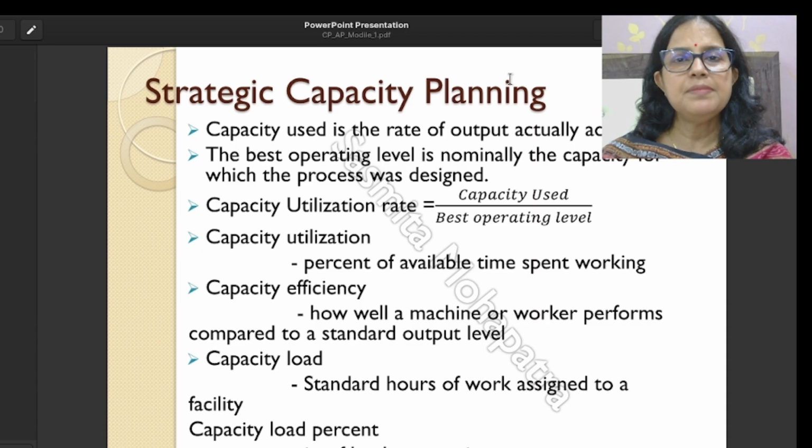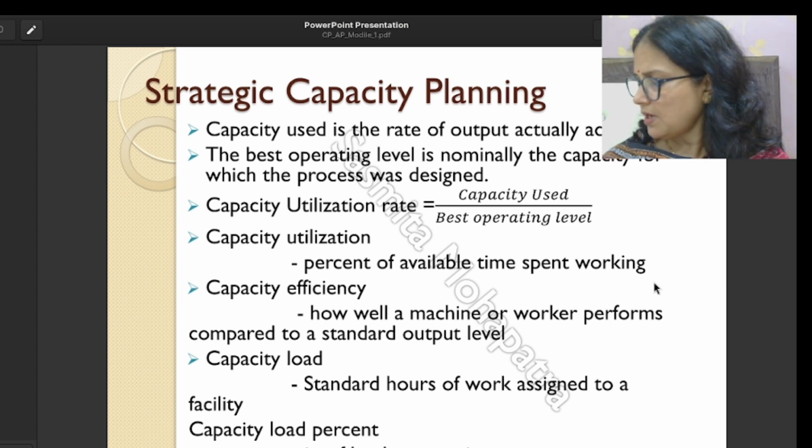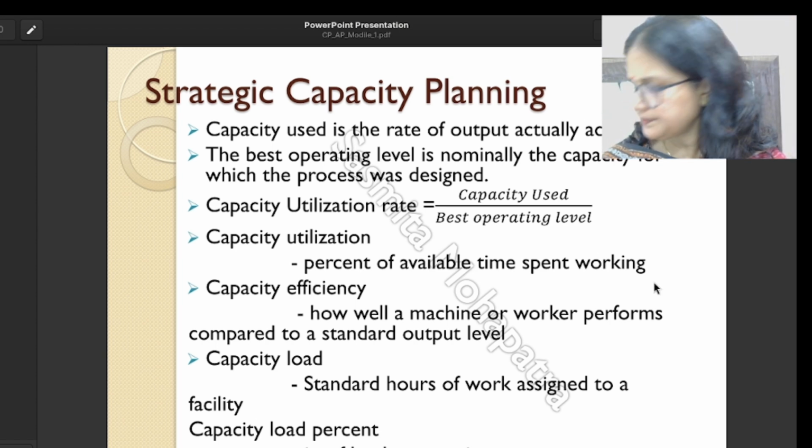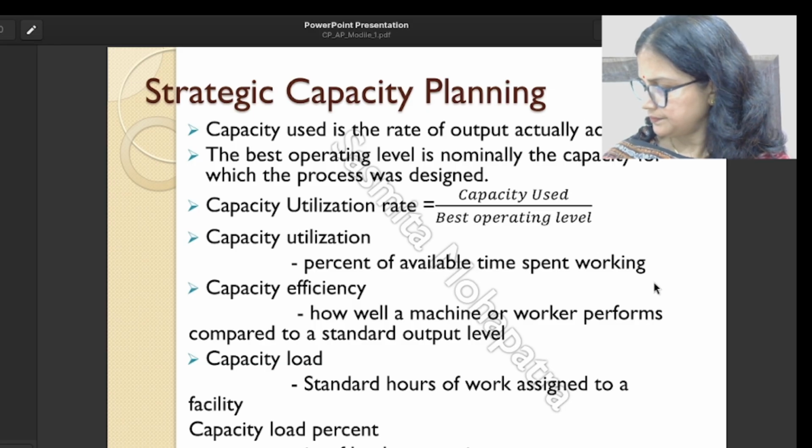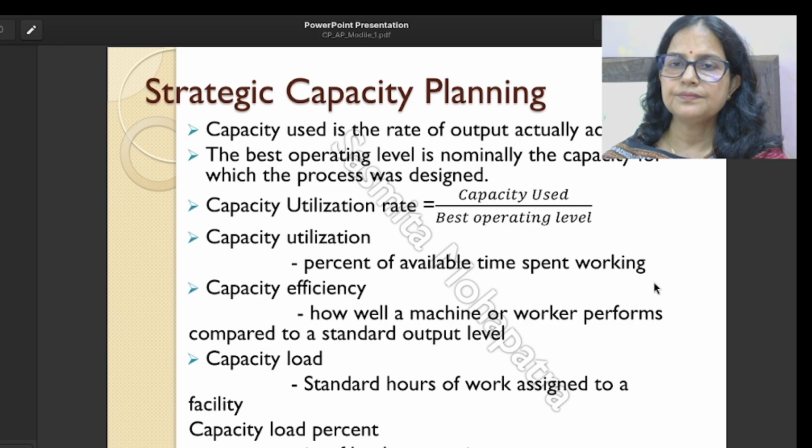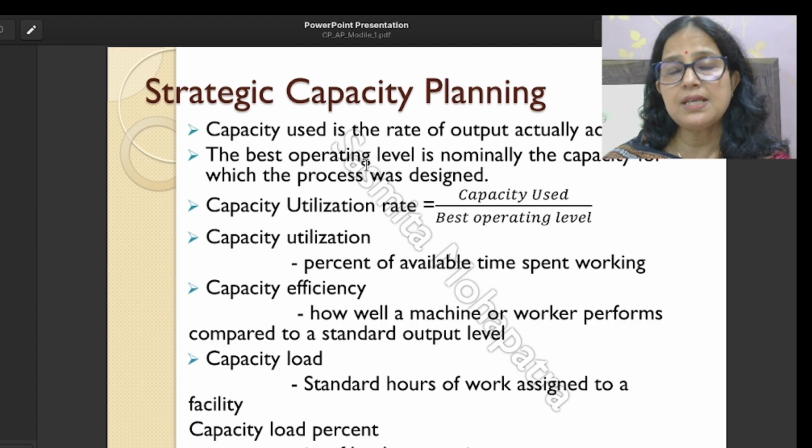Strategic capacity planning. Capacity use is the rate of output actually achieved. How do we measure the capacity?